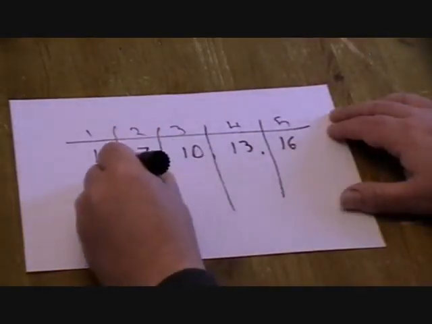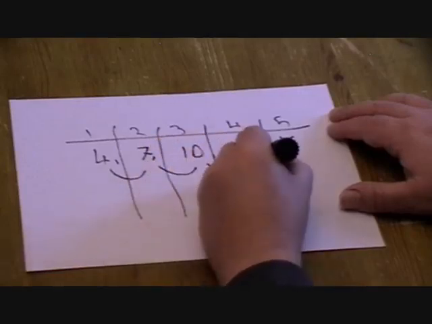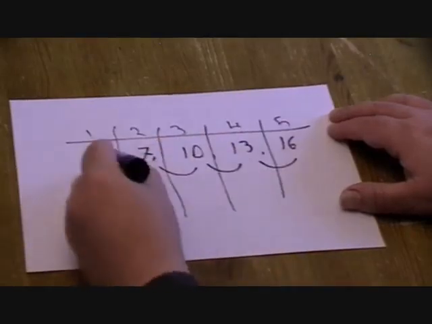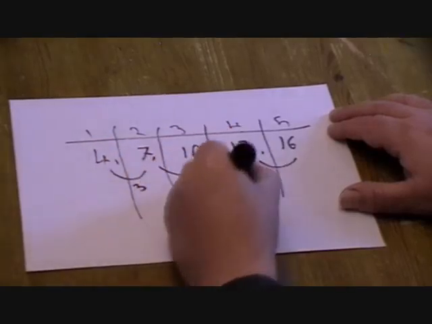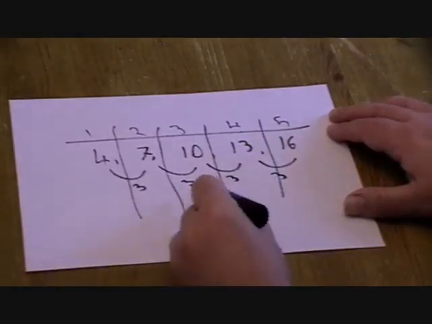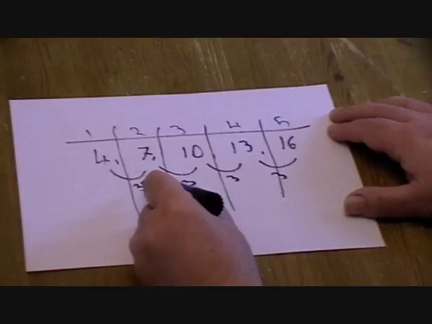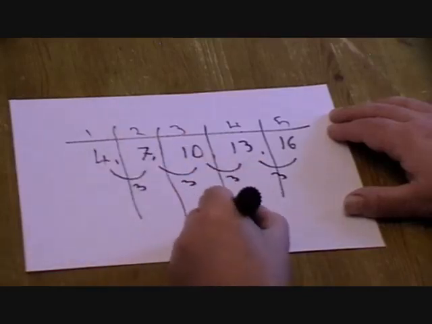Now I'm going to look at the difference between the terms that we've been given. And the term difference here is 3. Again, 3, 3, 3. So far, so good. So the difference between the two terms, any two terms, is 3n.